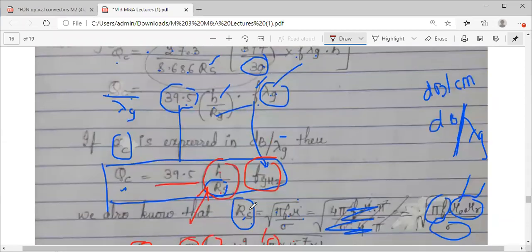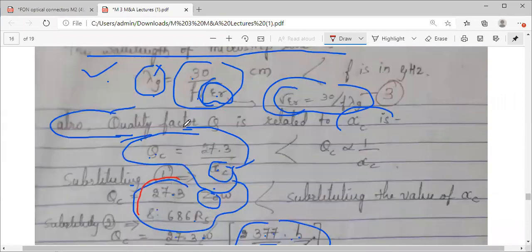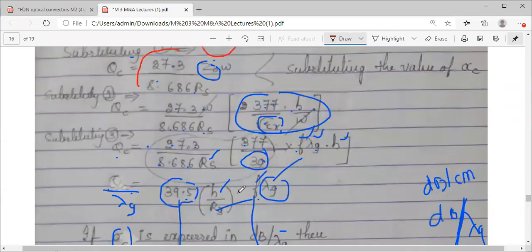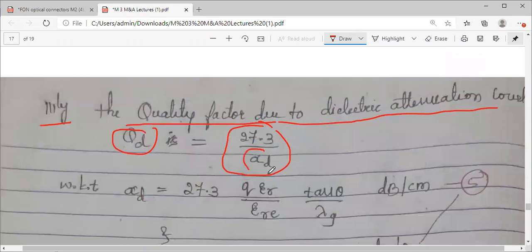Earlier we had 27.3 divided by alpha c. The relationship is almost the same. They are inversely related with a factor of 27.3. So same equation, but instead of alpha c, I am taking alpha d this time.